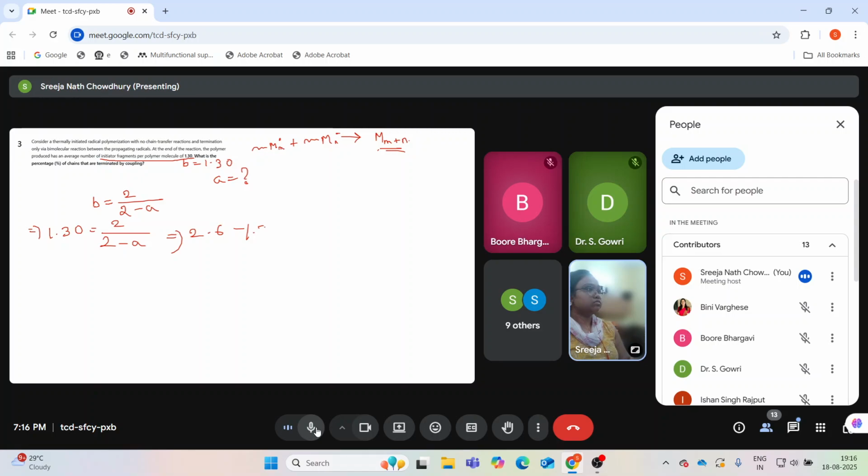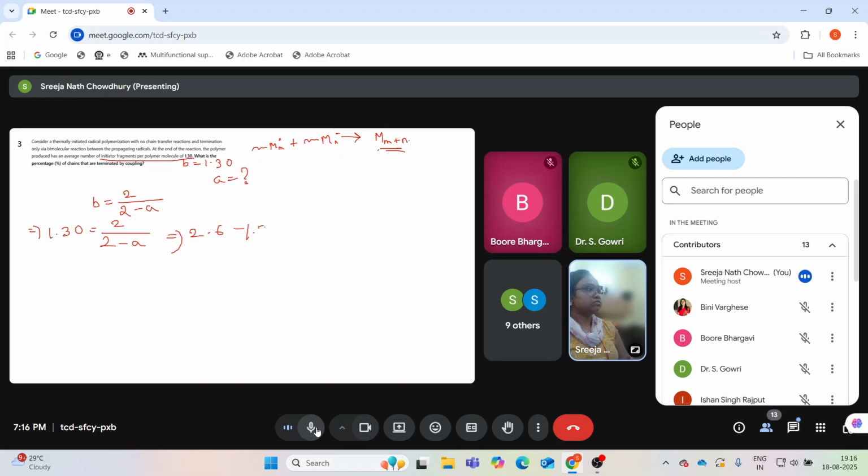So next we are moving to the next topic, that is kinetic chain length of thermal initiation radical polymerization. Kinetic chain length, which is designated as nu, equals Rp by Ri, and in steady state approximation we know that the values of Ri and Rt will be the same. So we can say that nu equals Rp by Rt also. Then Rp by Rt becomes Kp into m divided by 2 Kt m dot.